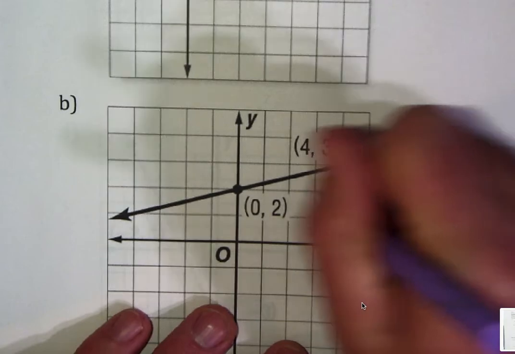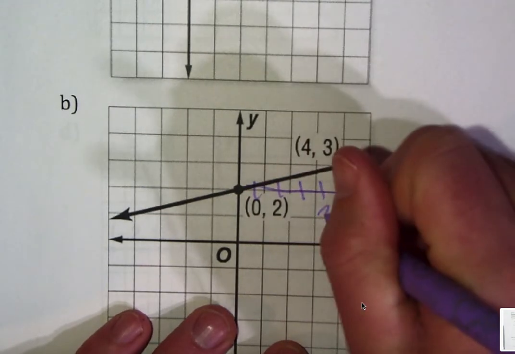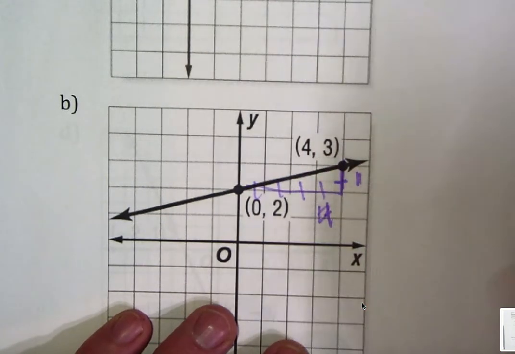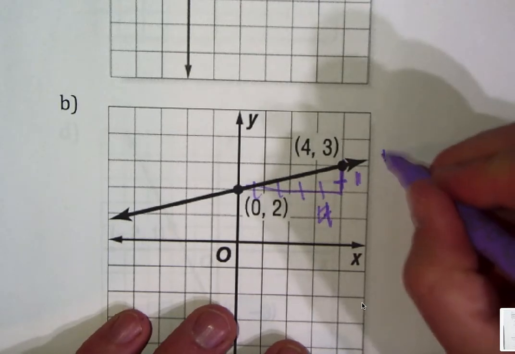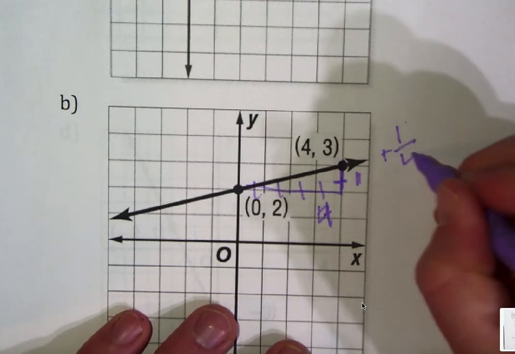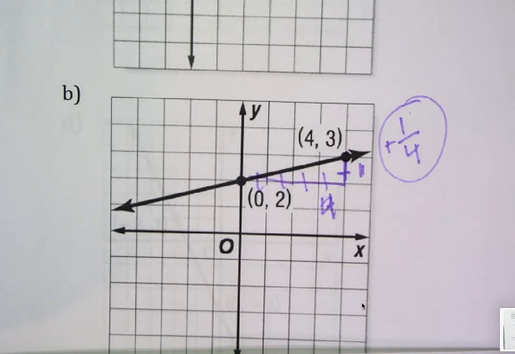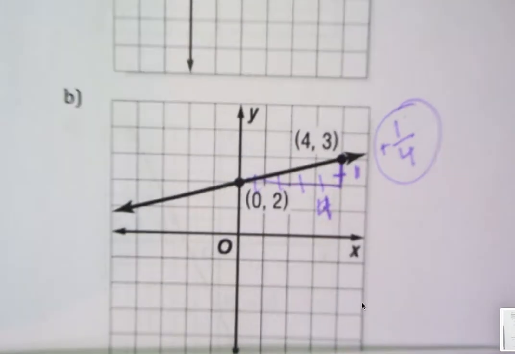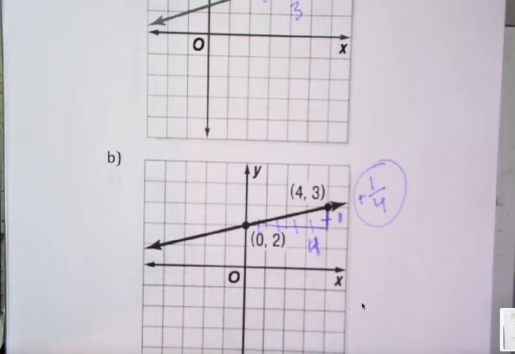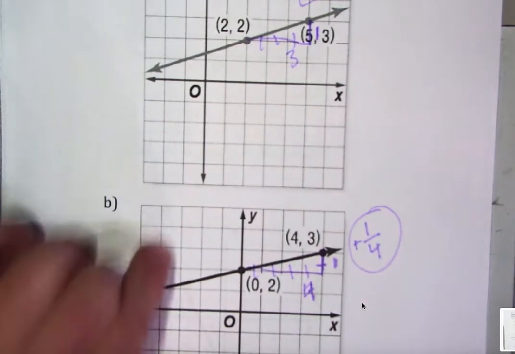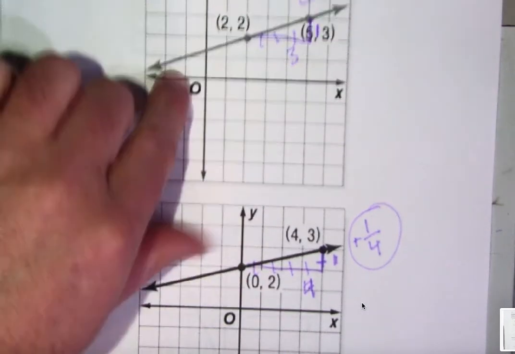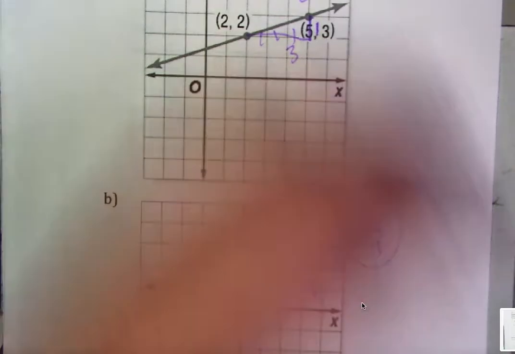Okay, I see that it's positive. I'm going to find the rise and run. The rise is 1 and the run is 4, so our steepness is 1/4. This line is less steep than this line. It's hard to tell, but it is.